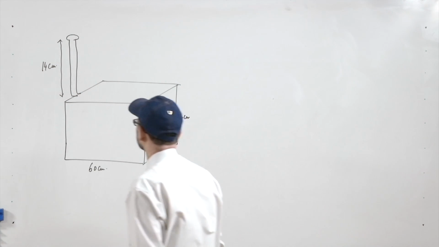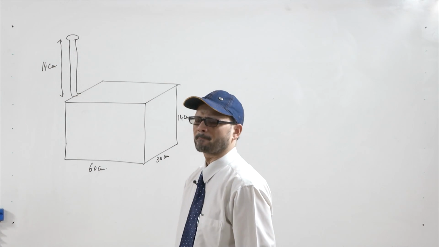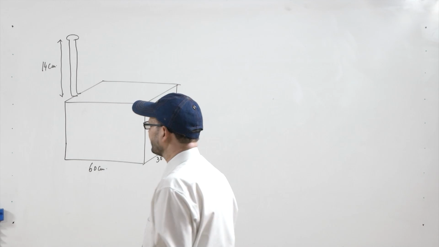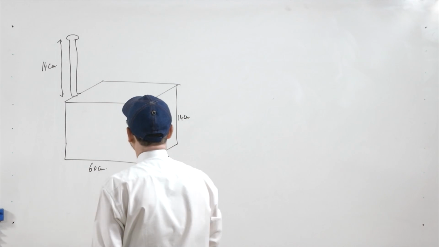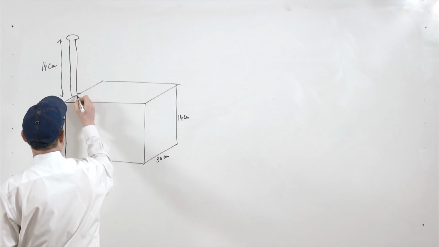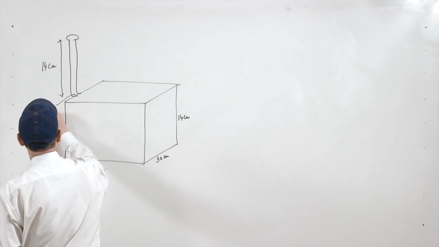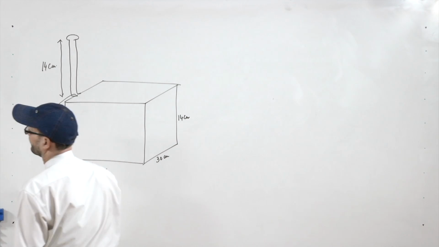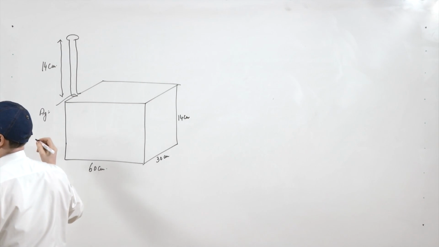This is the case of top pouring, and the area of the gate AG is given as 6 centimeter square.